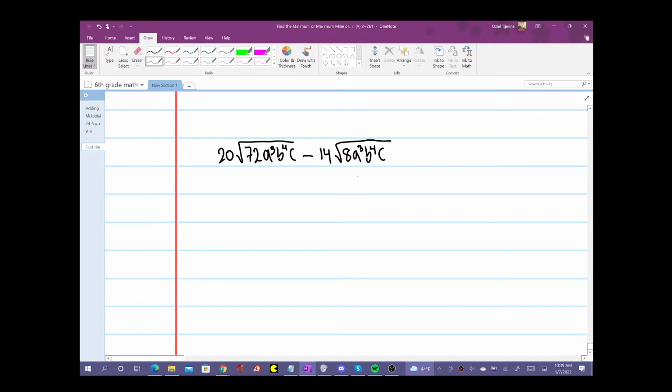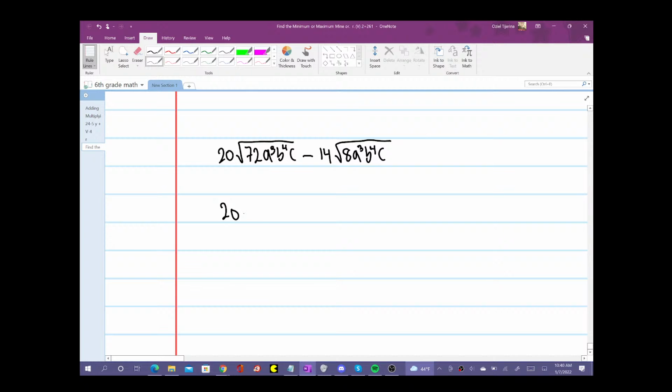But we have to be careful with this one, because they don't have the exact same square root, so we cannot just say 20 minus 14 yet. We have to simplify the square root on the inside. That's a tricky one. They're trying to trick you, thinking that you have to do this. Do not, I repeat, do not subtract the square roots yet.